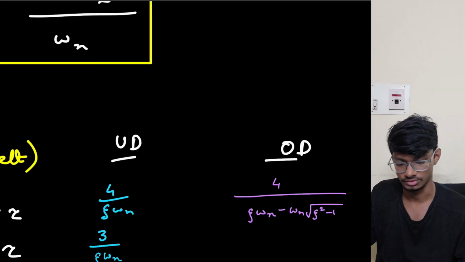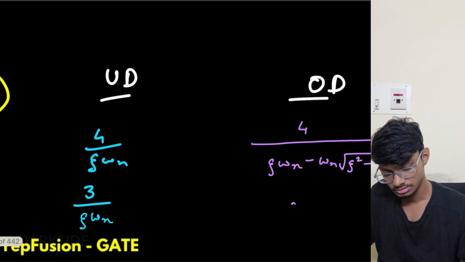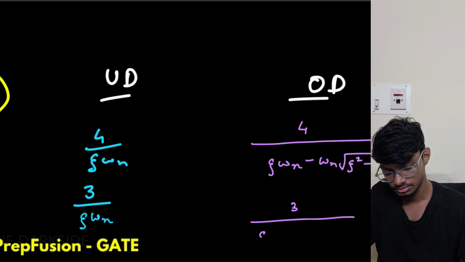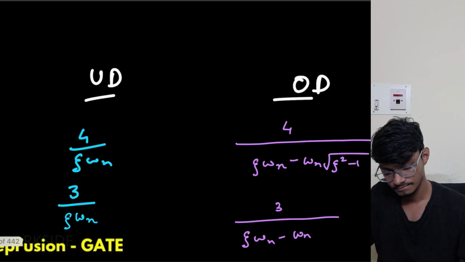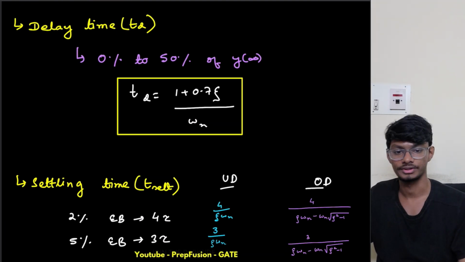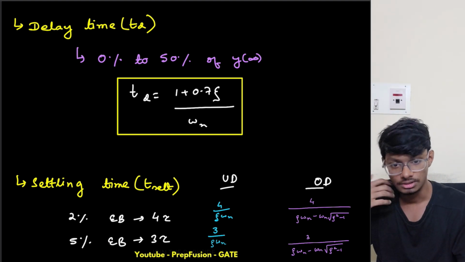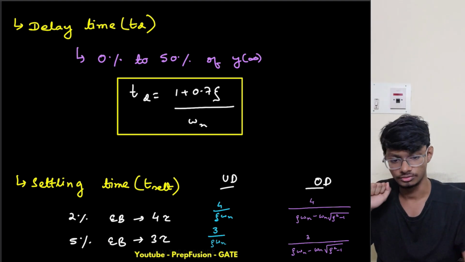You can remember like this. So now this is 3 upon zeta omega n minus omega n root of zeta square minus 1. So yes, this is basically my settling time.